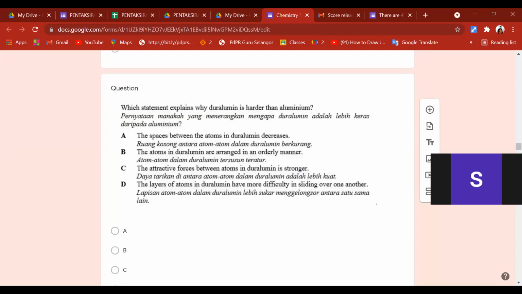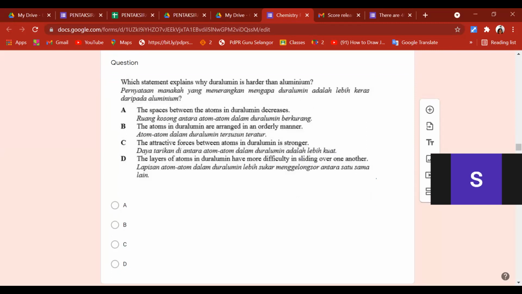Why is duralumin harder than aluminium? Okay, who have I not called yet on my list? Okay, this is Fitri Daniel, sorry. Ghazali, let's try you again. Why is duralumin harder than aluminium? What is duralumin? You tell teacher. D, the layers of atoms in duralumin have more difficulty in sliding over one another.